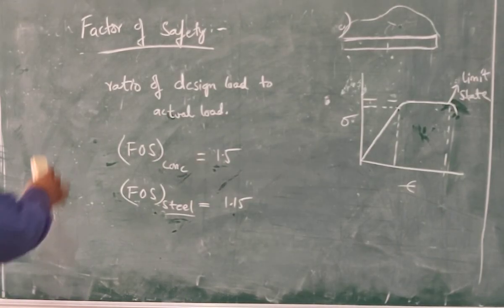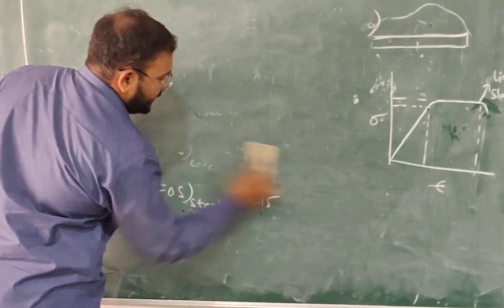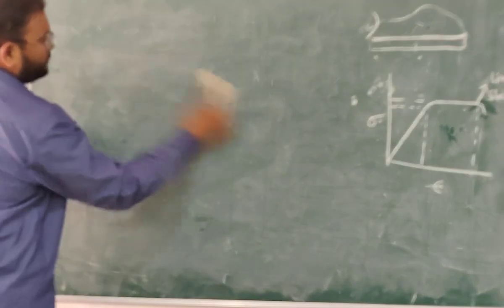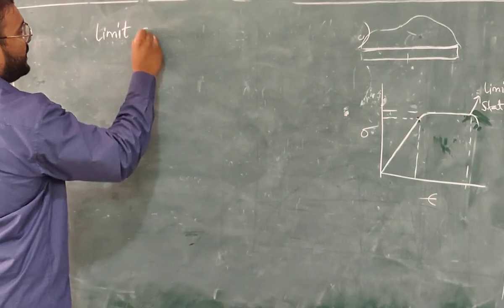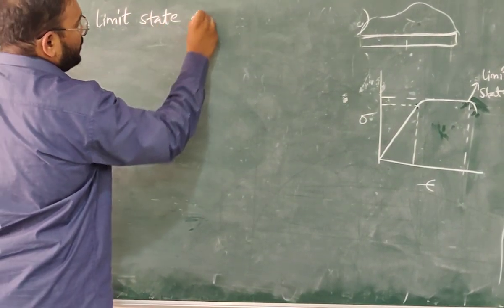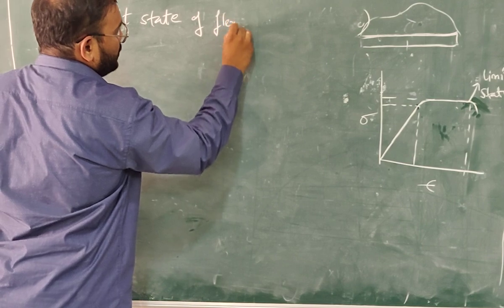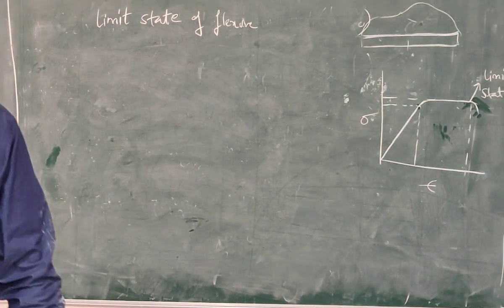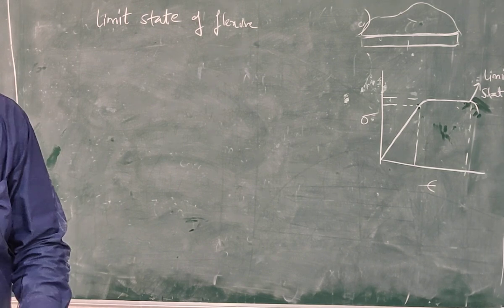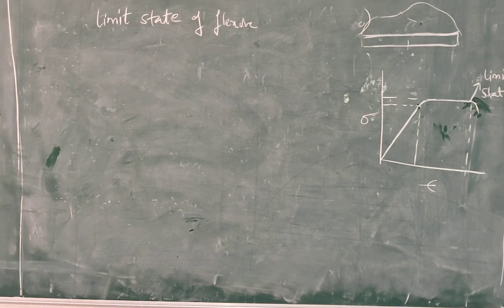So the next topic is, we'll discuss what is limit state of flexure. This is your first unit. In this topic you will be discussing how to design beams, how to design slabs.